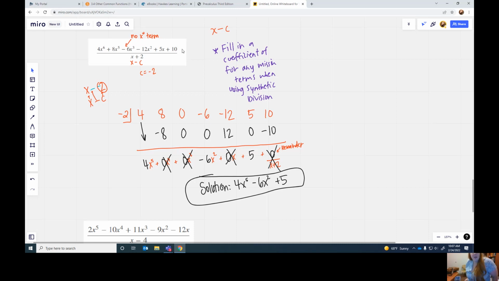I would probably not make it quite as long, maybe something like a degree 4 instead of a degree 6 dividend. But this is a great problem for the test. You could use synthetic division, you could use long division, whatever your preference is. I don't ask that you use a certain method because you'll get the same answer either way. So it's totally up to you as to whether or not you want to use synthetic division or long division.